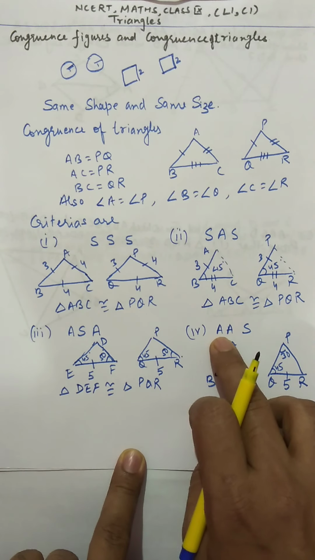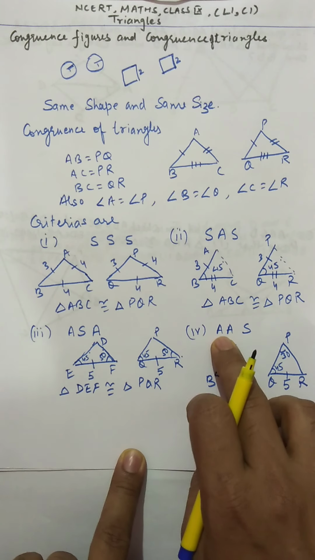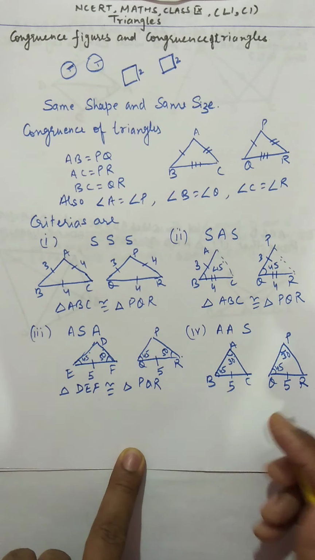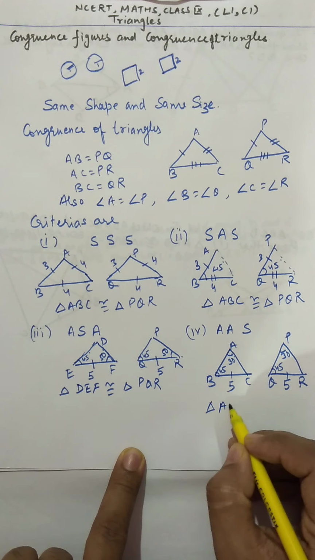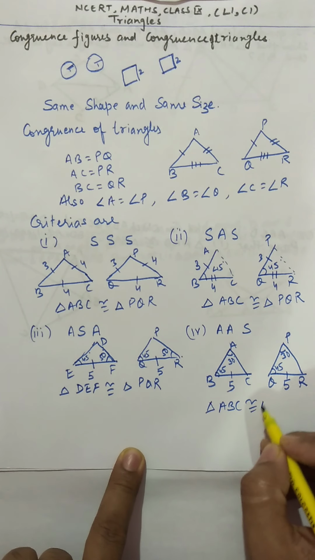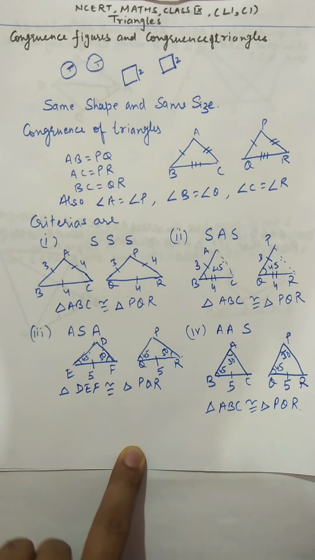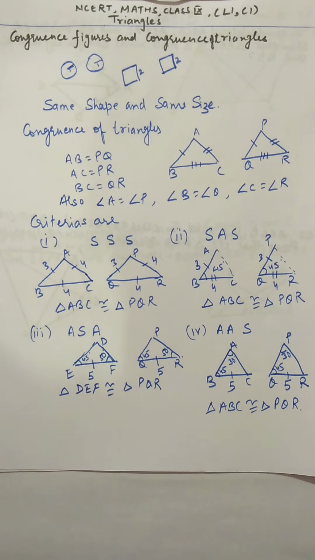So you can directly state that these two triangles are congruent by AAS criteria. So triangle ABC congruent triangle PQR. Now there is one more criteria, that is RHS criteria, but that will be discussed after doing exercise 7.1 and 7.2.